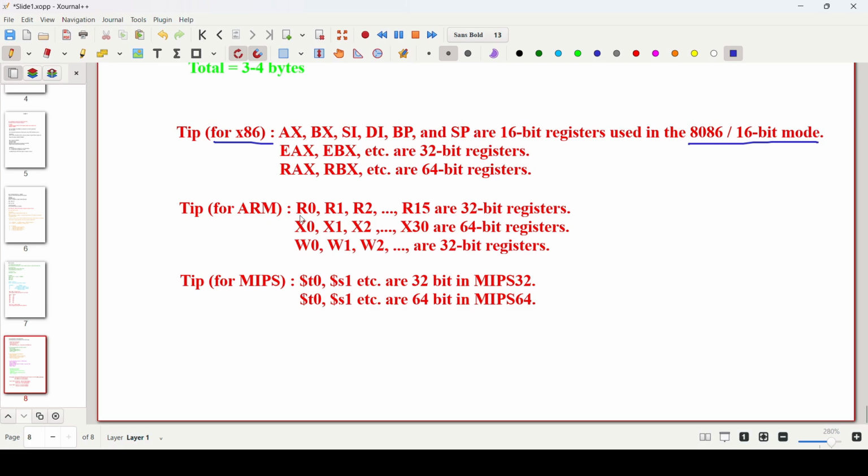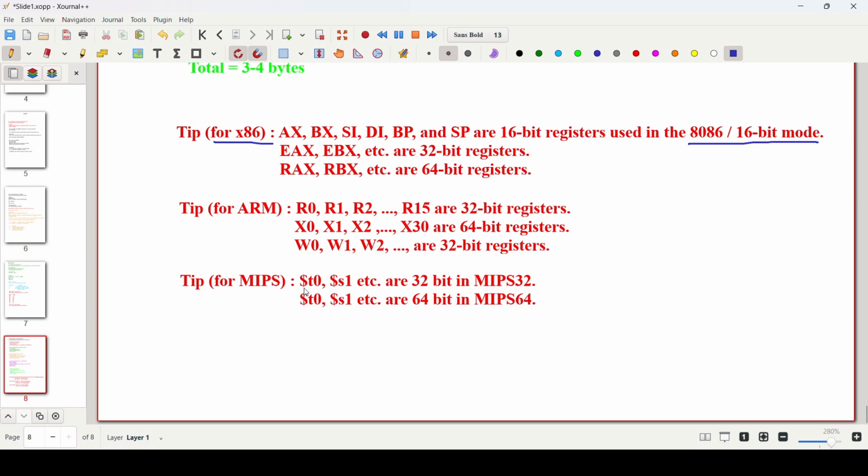And for ARM, we use notations like R0, R1, R2 up to R15, and these are 32-bit registers. Similarly, for 64-bit registers, we have X0, X1 up to X30. And here we also have 32-bit registers in ARM, like W0, W1, W2, etc. Right?